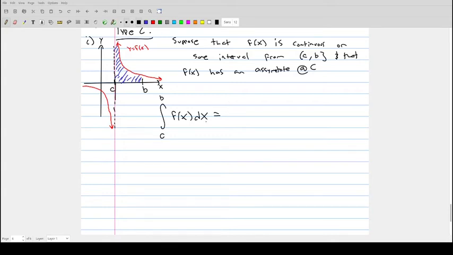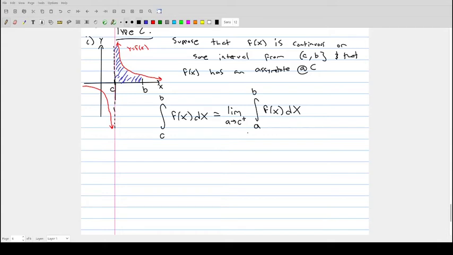We're going to say that this improper integral from C to B exists if the limit as A goes to the value C from the right hand side of the integral from A to B exists.